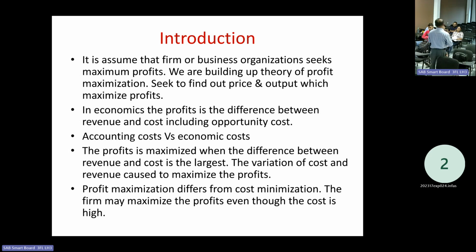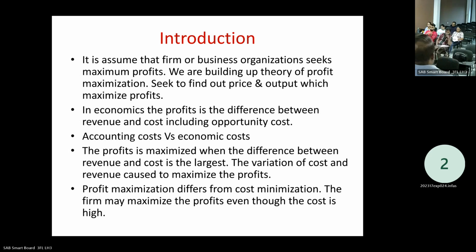Market conditions: take some imperfect markets, monopoly markets, those big firms. Big firms means monopoly, so they can control the market. That means even at higher cost, those firms can maintain the profits.